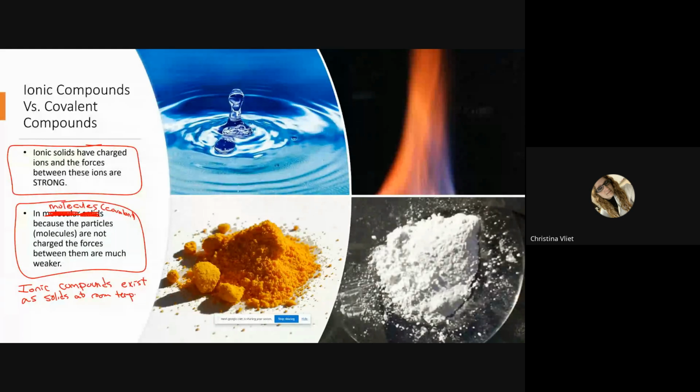Whereas covalent compounds, depending on the compound, it gets more complicated. But covalent compounds have a wider variation. Properties.